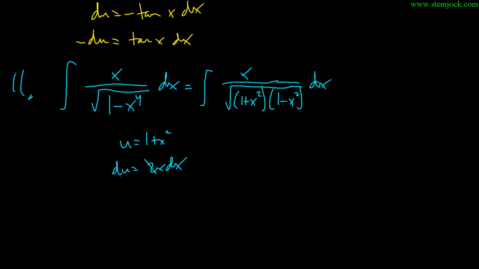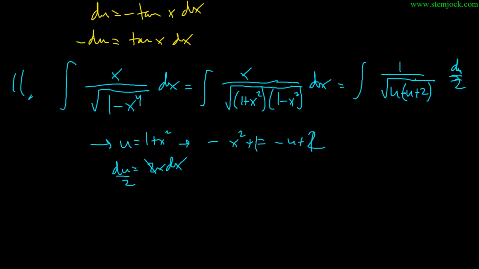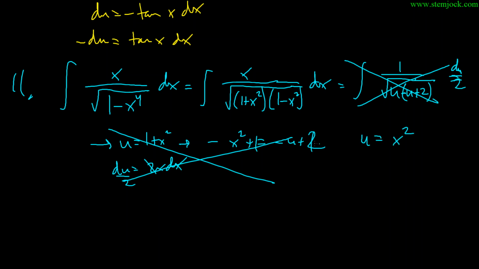And if I divide both sides by 2, yeah, so this is not going to be the correct choice. So instead, what we should do is u equals x squared. See, by replacing u with 1 plus x squared, we simplify one term, but we make another term more complicated. So by just using x squared for u, both terms will be similar.